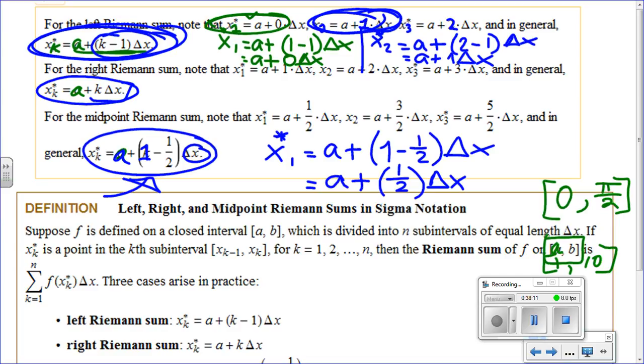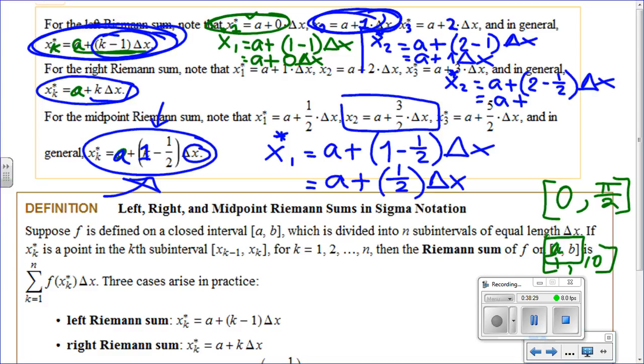The next one, this one here, will be like x sub 2 star will be A plus, following this formula again, it will be 2 minus 1/2 delta x. So then this will be A plus 2 in terms of halves is 4 halves, correct? So 4 halves minus 1/2, how many halves do we get? 3 halves. So it's like you go to the right and then you just take half a step back. Yes. Okay.